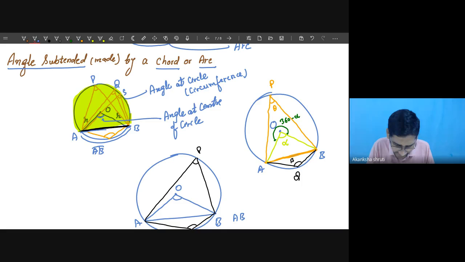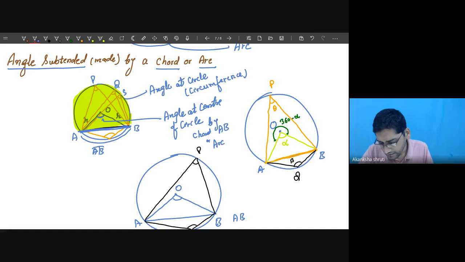The chord AB or the arc AB. By chord AB, or may be written as the arc AB, mean the same thing. Okay, because A and B are at the same point.